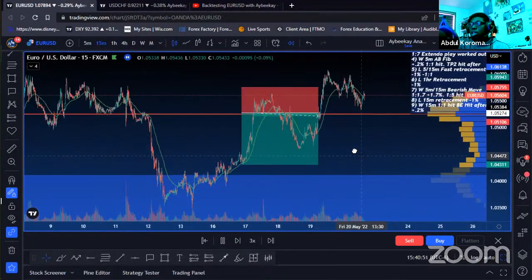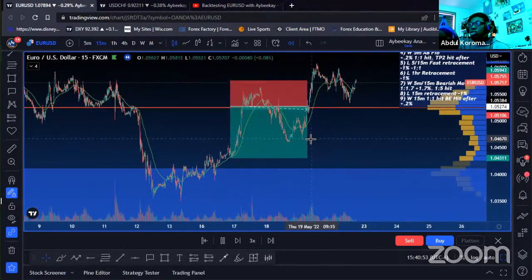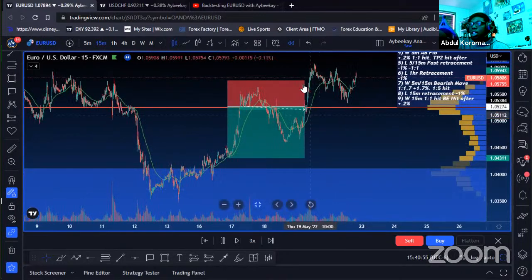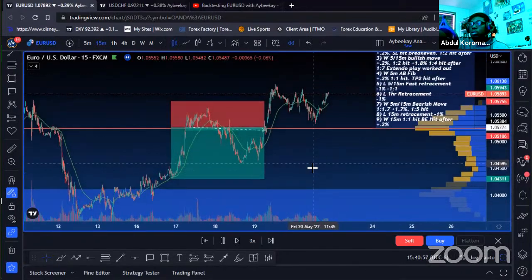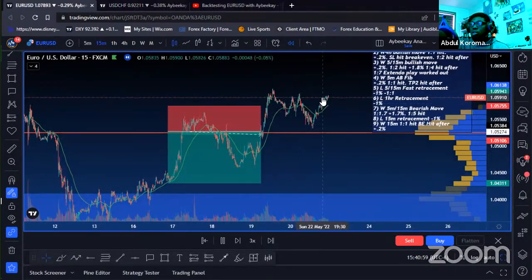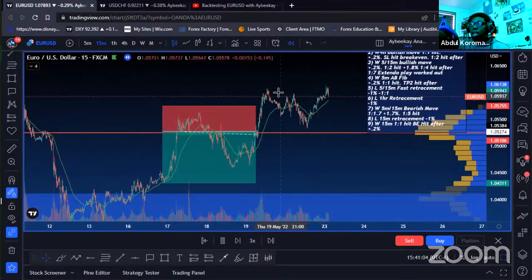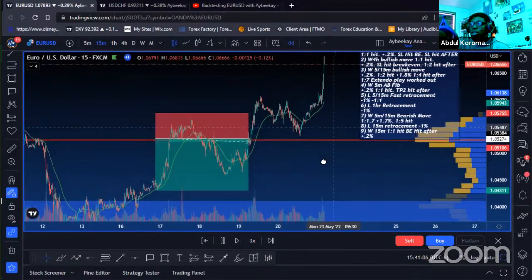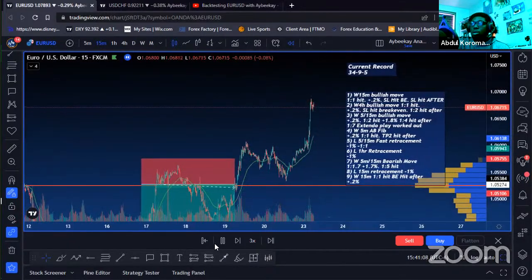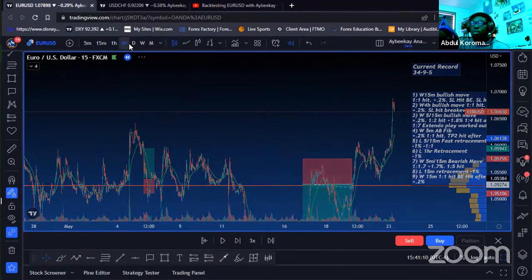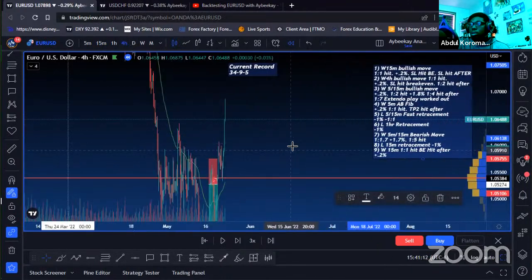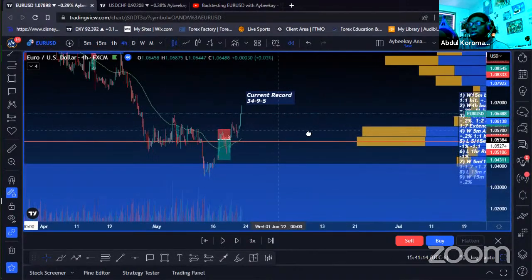Still liquidity to the downside. If price drops down over here, it's going to slide down. I wouldn't have wanted to sell that. Stop loss would have got hit, exactly why I wouldn't have wanted to sell it. Oh, okay. Hold up. Where do you think you're going, partner?